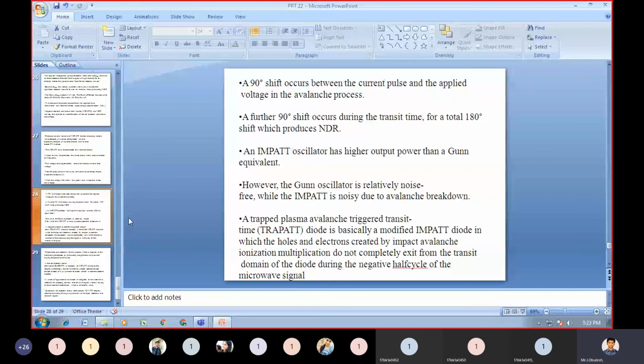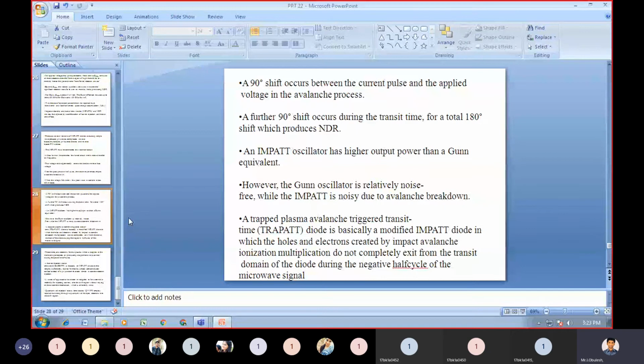A 90 degrees shift occurs between the current pulse and the applied voltage in the avalanche process. A further 90 degrees phase shift occurs during the transit time. So the overall phase shift is 180 degrees.